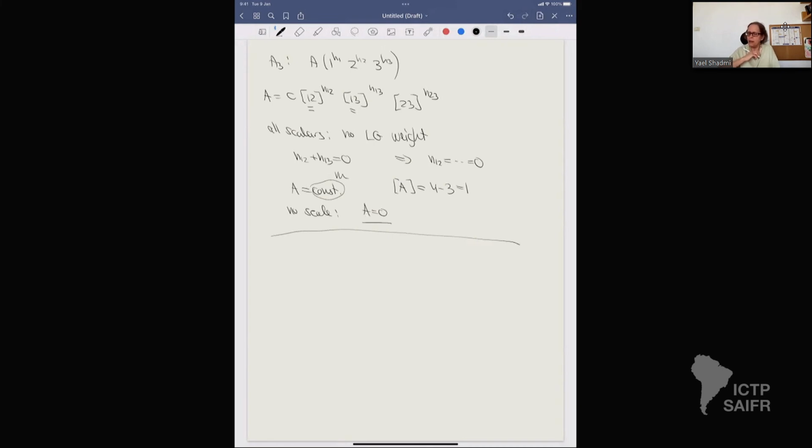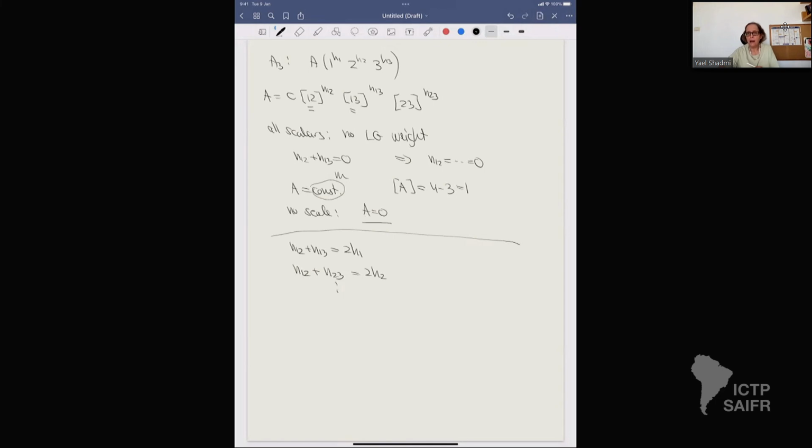In the general case, we find that n12 plus n13 needs to be equal to 2h1, n12 plus n23 equals 2h2, and so on and so forth.